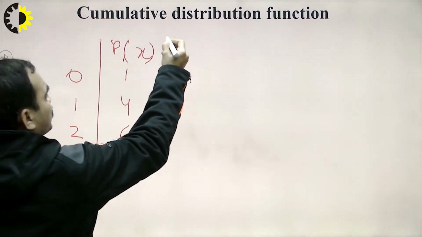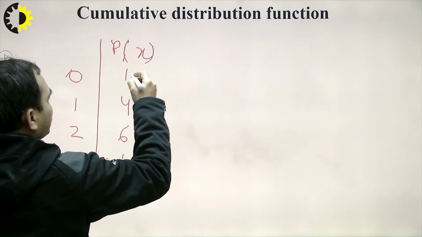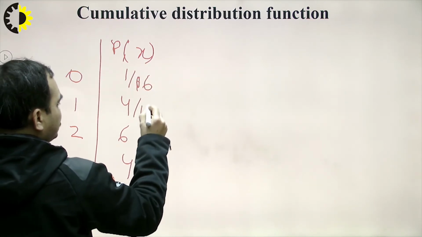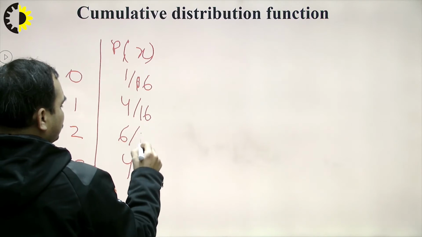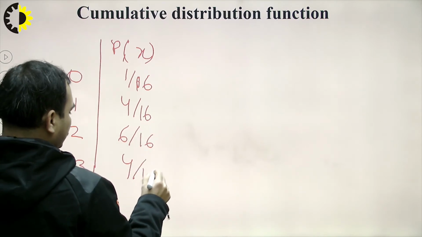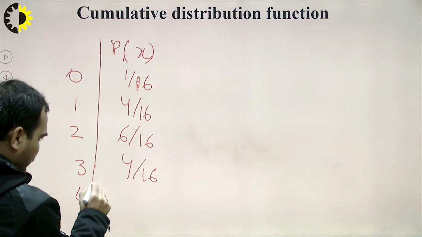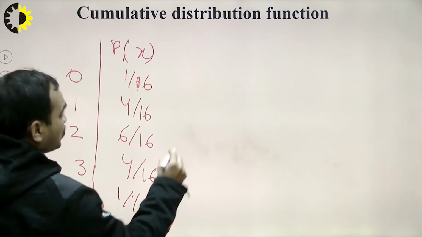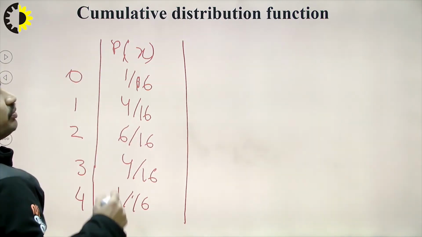So these probabilities are as follows: 1 by 16, 4 by 16, 6 by 16, 4 by 16, and for 4 number of heads, it is 1 by 16. So, we have written all the possible probabilities.